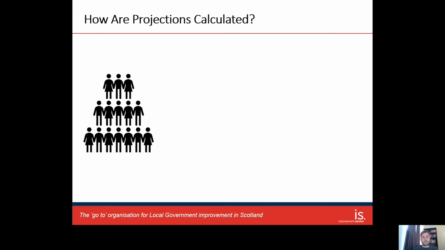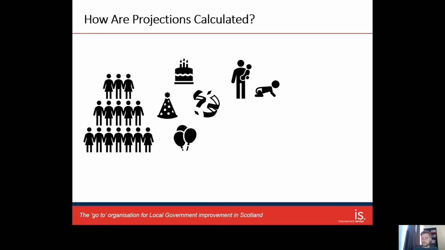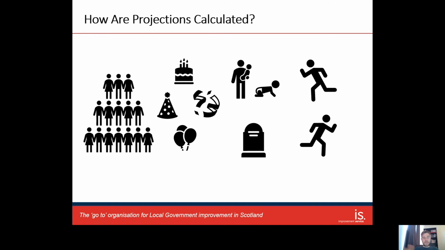So how are populations calculated? Theoretically, it's quite a simple process. You take your population, so in this case, say this could be 2019. You age everyone by 1 year. You add in all the births, and you take out all the deaths. You add in all your immigrants coming from outside your geography of interest, and you take away all your emigrants who've left your geography of interest.